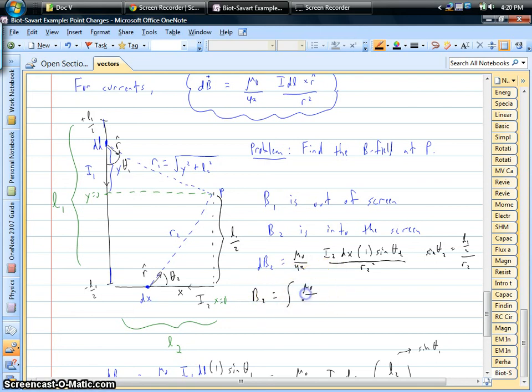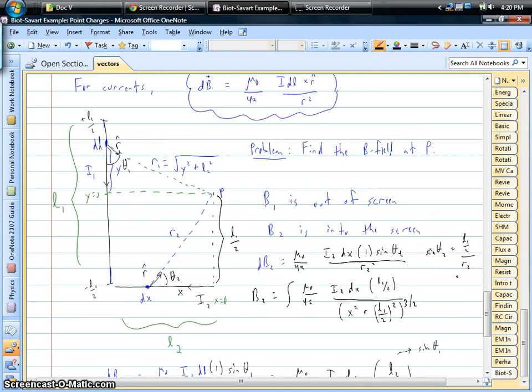We've got our constants, we've got current 2, we've got dx. We're going to have L1 over 2 in our numerator, and that's all going to be over r2 cubed. r2 is x squared plus half of L1, half of the other wire's length, squared, and it's all to the 3/2 power.